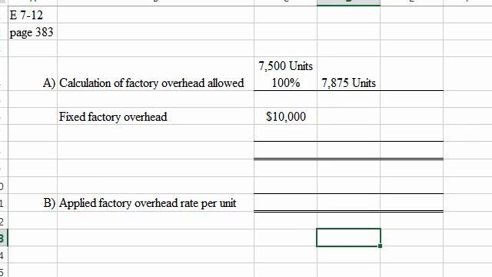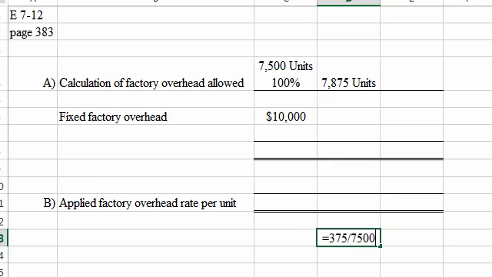We want to know what percentage of 7,500 is 7,875. Well, I'm just going to say 7,875 minus 7,500 gives me 375. Divide that by our base number of 7,500.